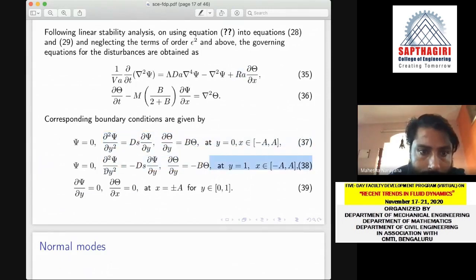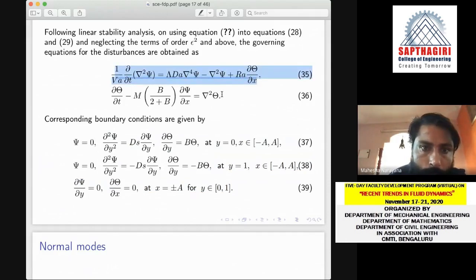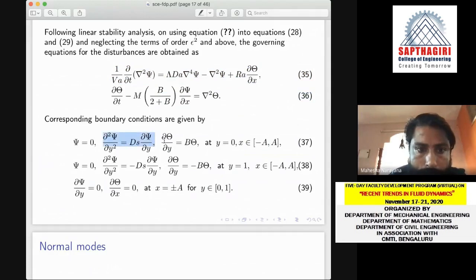Okay, so after the perturbations that we introduced, your equations have turned into homogeneous linear differential equations, and the boundary conditions have also turned into homogeneous type.